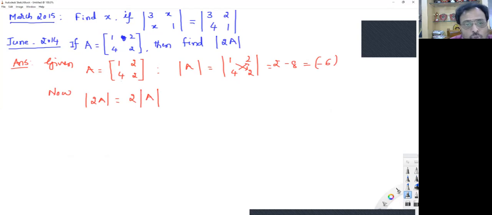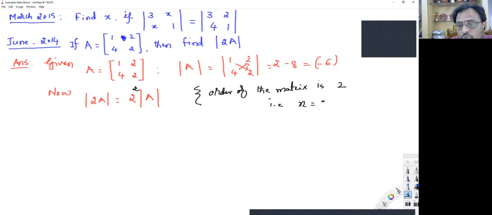In the 2, the power should be 2 again, because here n is equal to order of the matrix, which is 2. That is n is equal to 2. So 2 square is 4 into determinant of A, just now we got minus 6. Therefore, the total answer is minus 24.